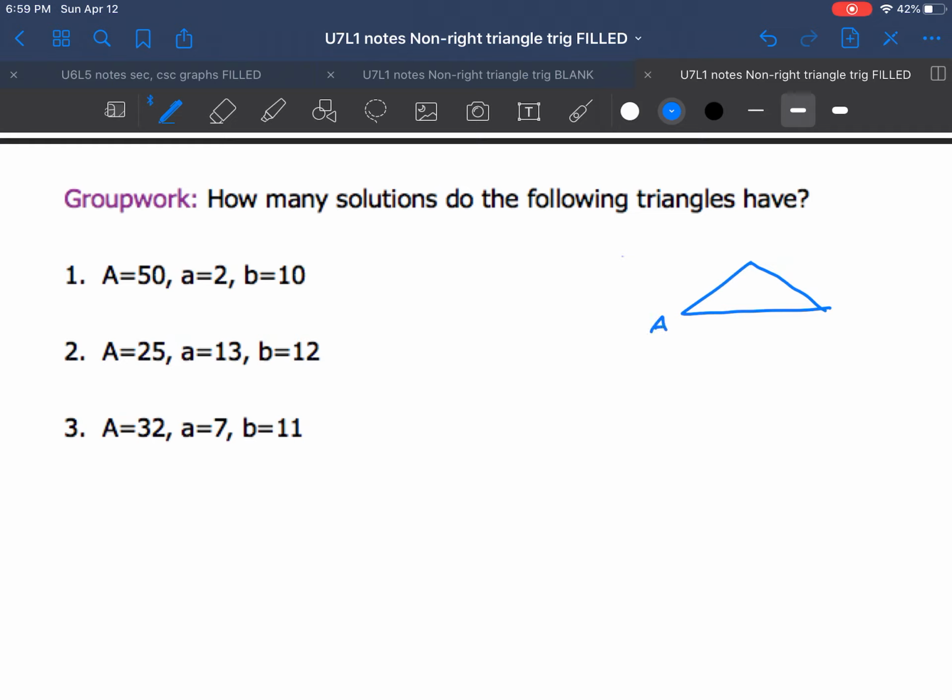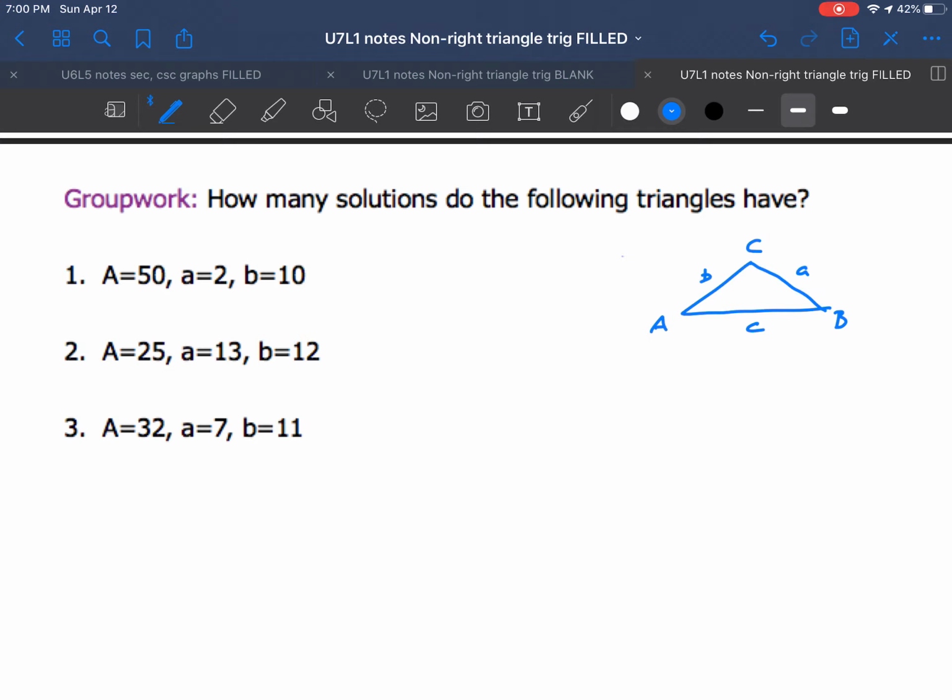Okay, I'm going to label it ABC angle-wise. So that means this is side A, this is side B, and this is side C. Basically there's two ways that we can have one triangle.